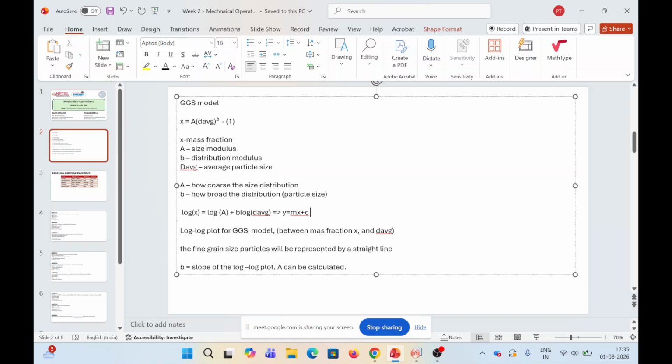Now from here we shift our focus to the effectiveness of the screen. What do you typically understand when I say the effectiveness of a screen? The screen is basically the sieve analysis part, which you use to separate the particles into their respective sizes.